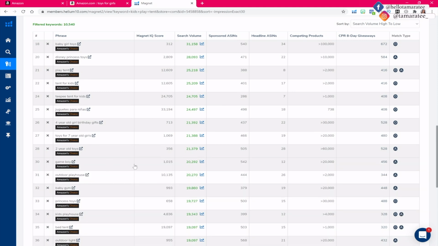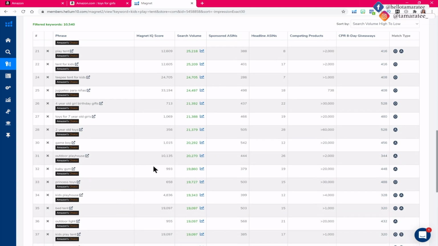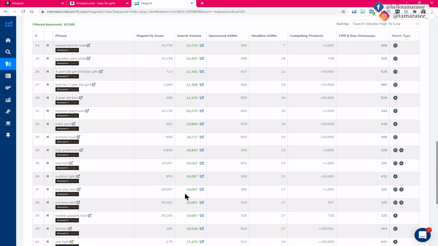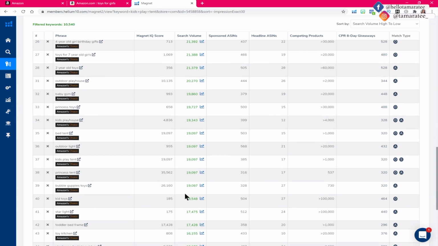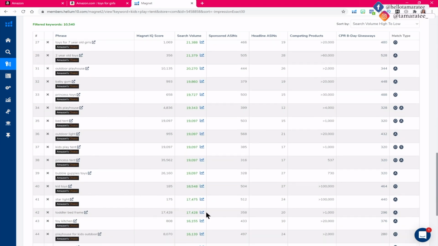So if you are trying to run PPC for irrelevant keywords, and Game Boy right here, super irrelevant, you are either not going to get any impressions or nobody is going to buy your product at all through that specific keyword. So that is why you're not getting any impressions. Your keywords are irrelevant and maybe no one is searching that keyword, if you were to run an irrelevant keyword with a very low search volume.